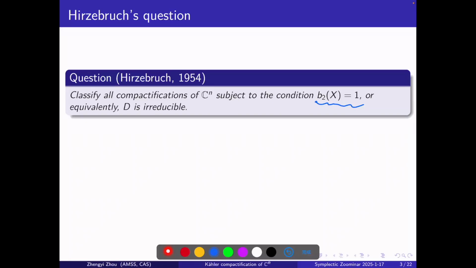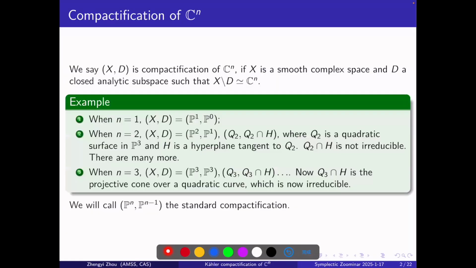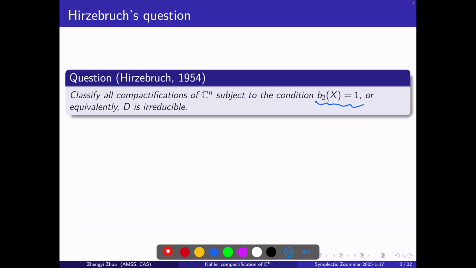And this is equivalent to D being irreducible. So in the previous slide, this example will be taken out, because this divisor is reducible. But this example is good for Hirzebruch's compactification problem, because this divisor is irreducible.